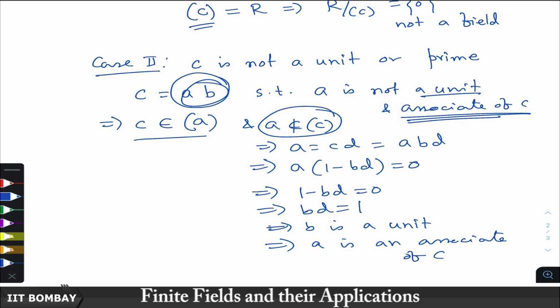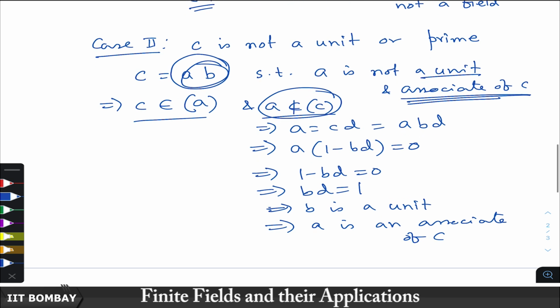So, this case cannot happen, so A cannot be in C. So, C must be in A and A is not in C. Now, what does that mean? That means that this ideal A contains the ideal generated by C, but it is not equal to C, because A does not belong to C, and also this is not equal to R, because A is not a unit.